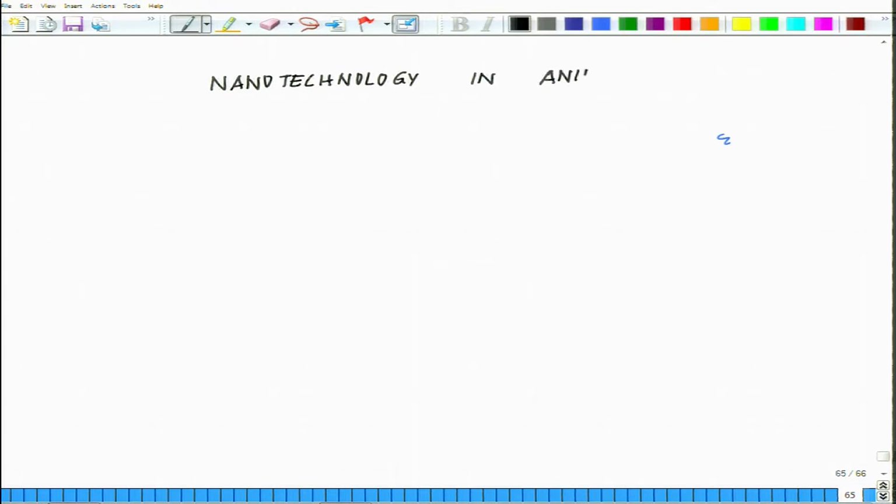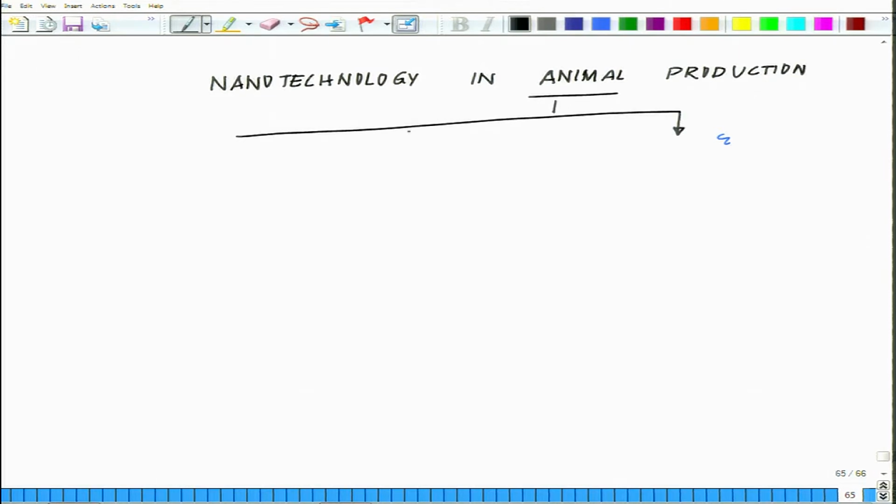So, when we talk about animal production, we are essentially dealing with multiple sections of animals and for their multiple utility. So, one of the major industries we talk about will be the dairy. So, all the milk producers.